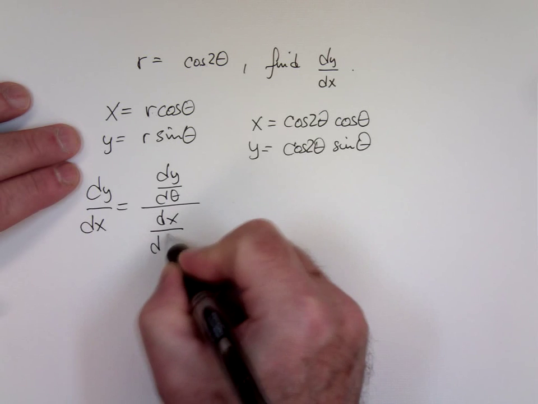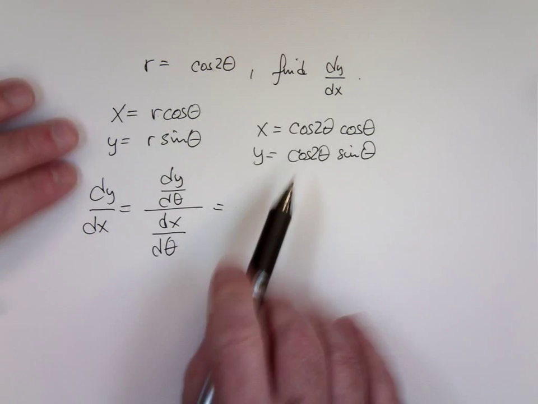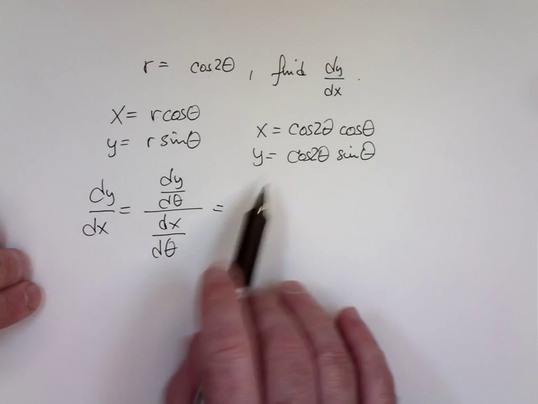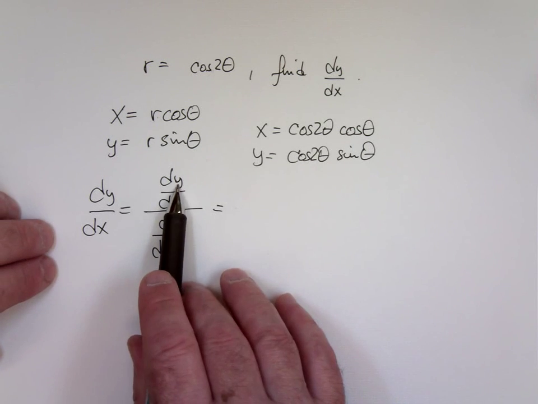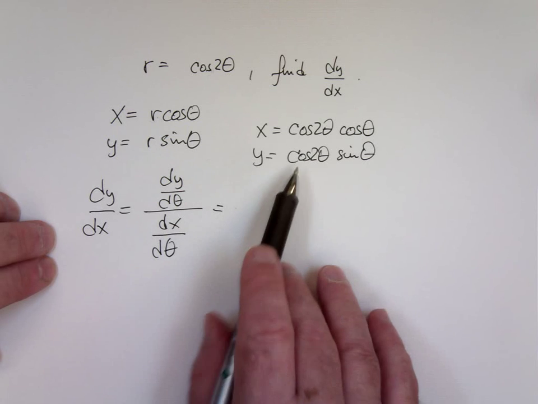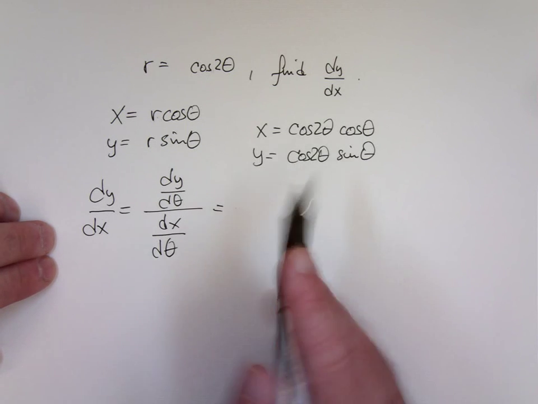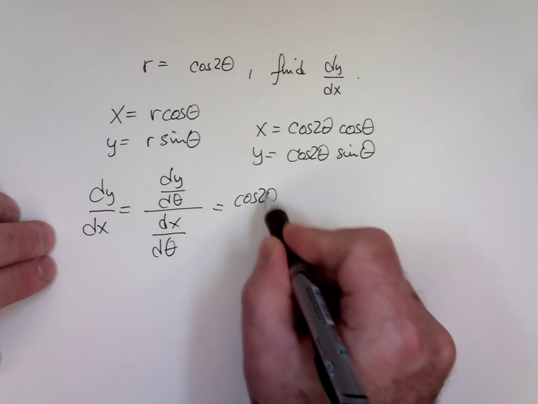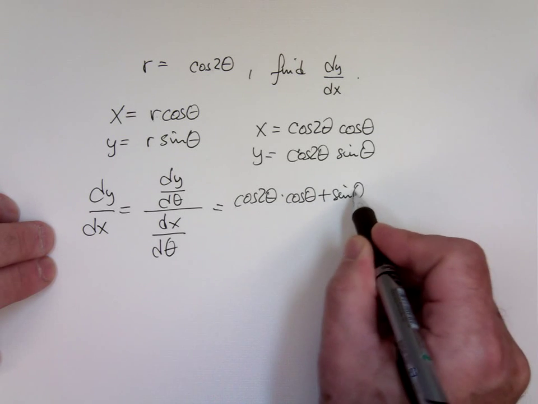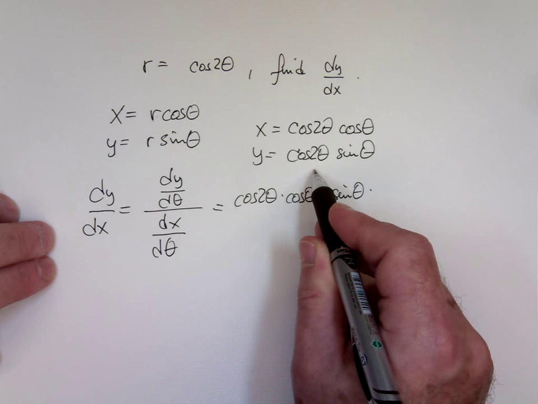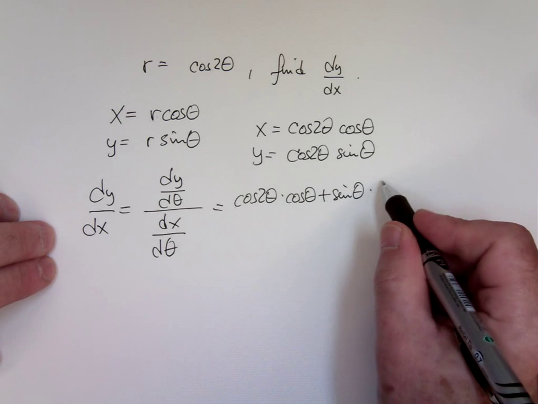Ooh, and this is like nastiness here. Okay, because of the double angle here, you don't have the same argument. So you find dy d theta. You'd find dy d theta, it's a product rule. It's first times the derivative of the second plus the second times the derivative of the first. The derivative of cosine 2 theta would be negative 2 sine 2 theta.